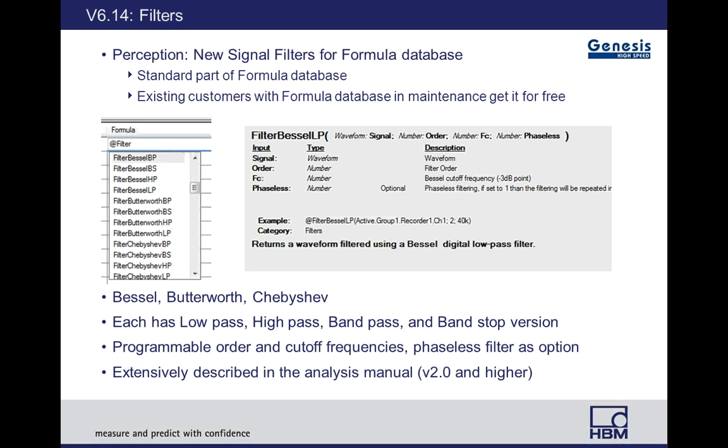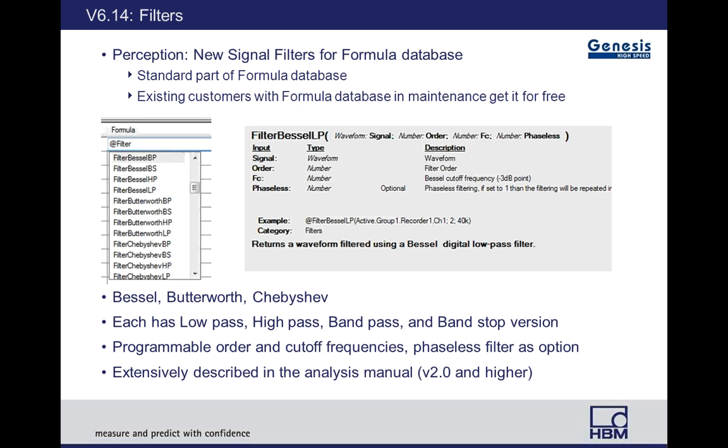Also in version 6.14, we added a pretty extensive list of post-process filters into the formula database. These are part of the standard formula database, which means that everyone with that option on their Perception license and their maintenance current have access to these new features.